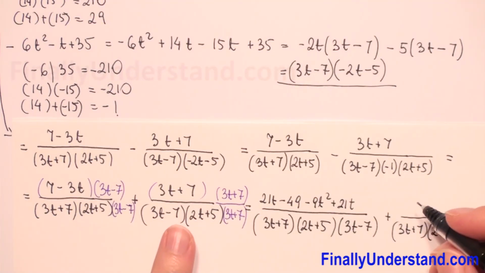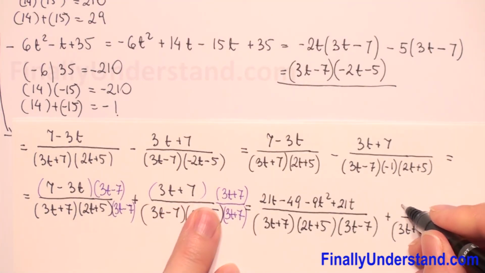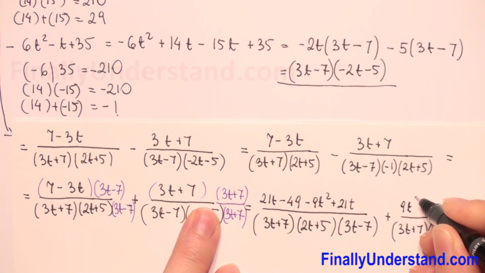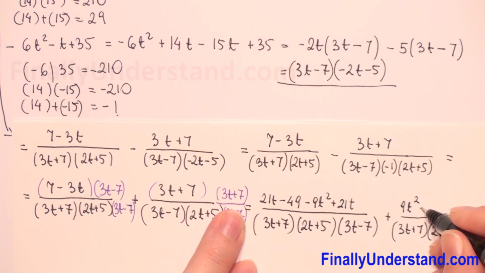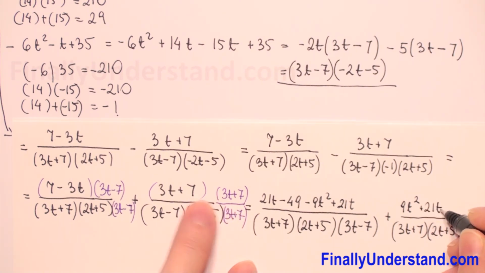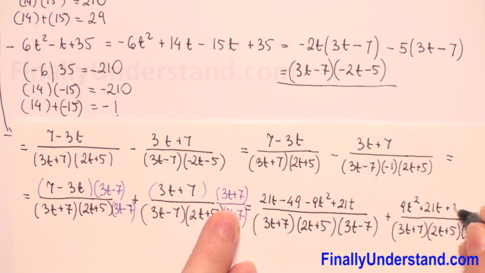So the second numerator will be 3 times 3 is 9t squared, 3t times 7 will be plus 21t, and plus 21t we have, and plus 49.